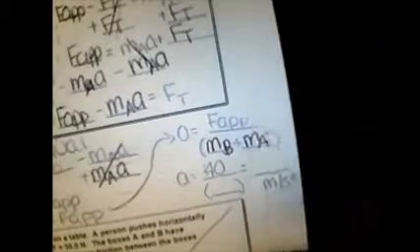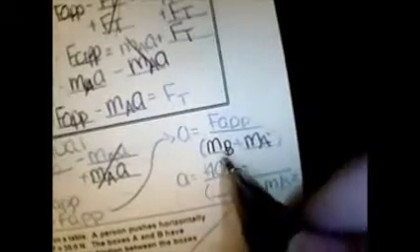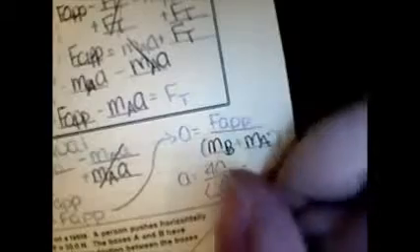So we've got now force applied, which is 40, divided by m_B plus m_A, which would be 12 plus 10, which gives us 22. So now 40 divided by 22 will give us 1.82 meters per second squared. And this is all because in part C they asked to find the acceleration.